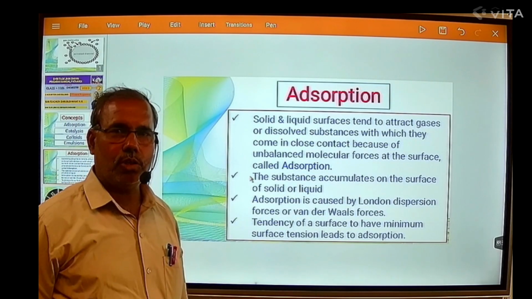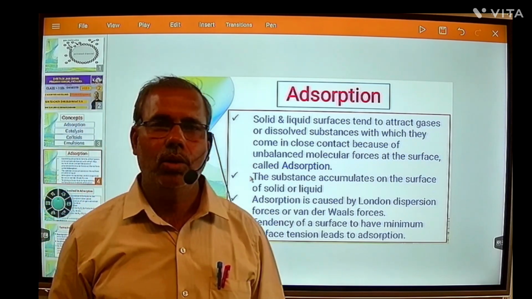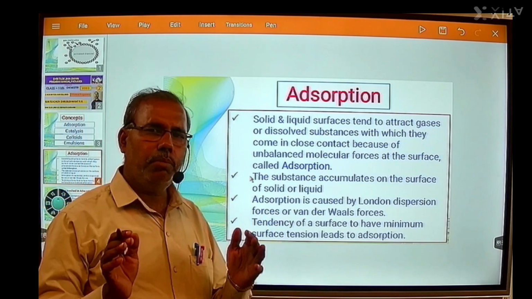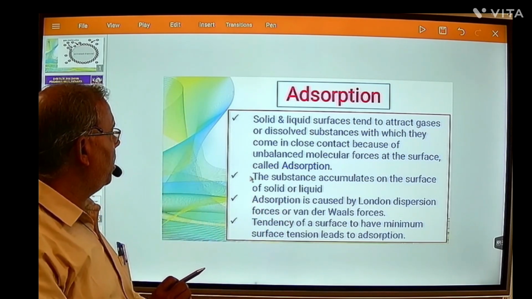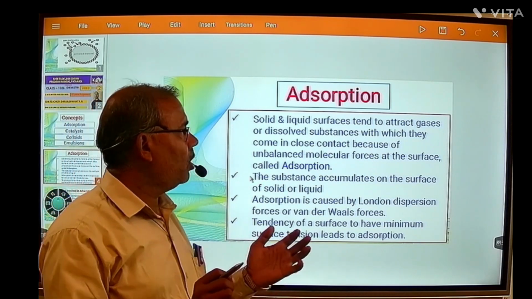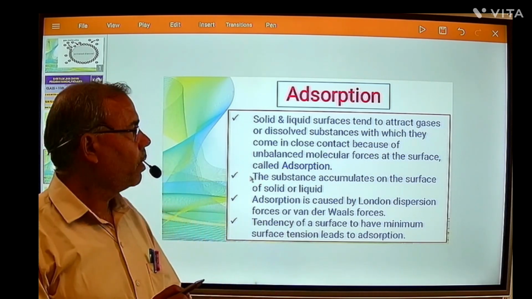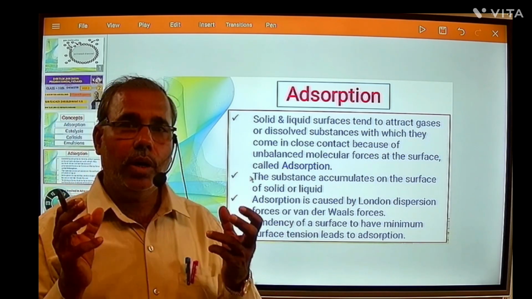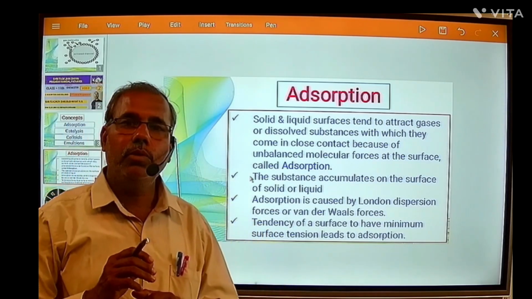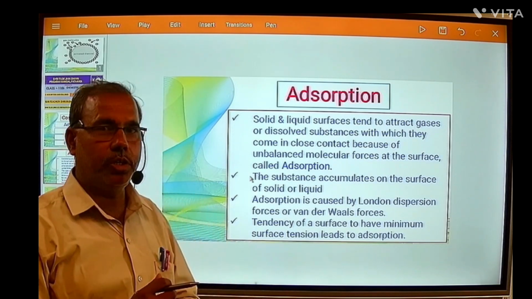Now what is adsorption? We shall start with our topic. Before going to the actual definition of adsorption, we can see that solid and liquid surfaces tend to attract gases or gaseous molecules or the substances which are dissolved into it.